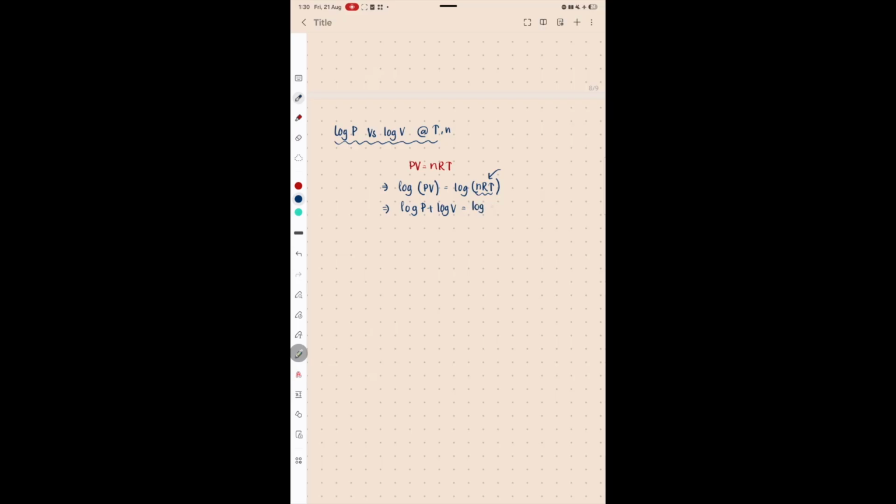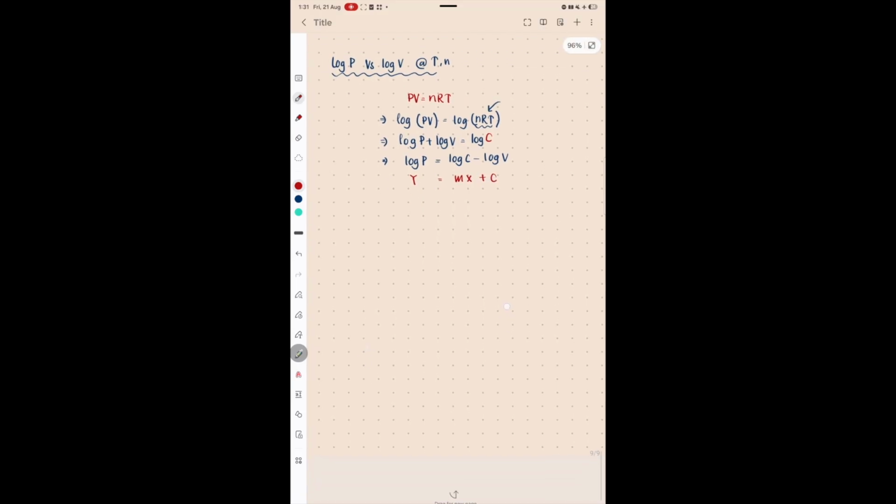Okay, so these things become constant. So can I write this as log C? C means constant. Okay, so now I can write it like this: log P is equal to log C minus log V. Okay, so this is actually y is equal to mx plus c in this format.